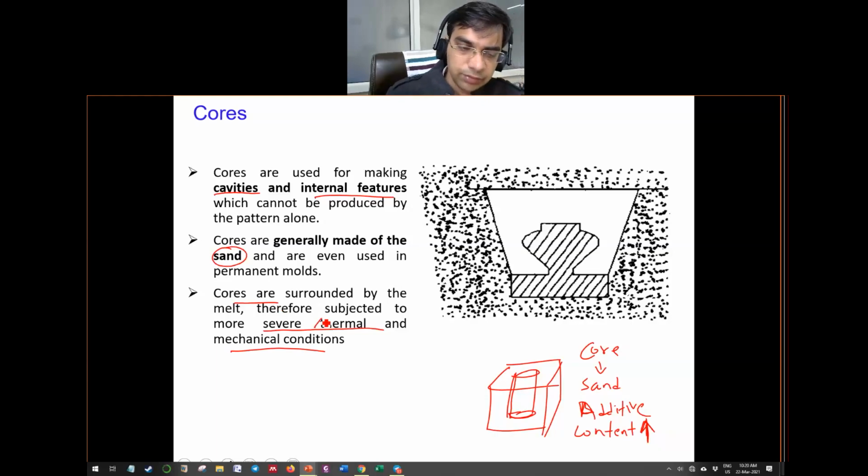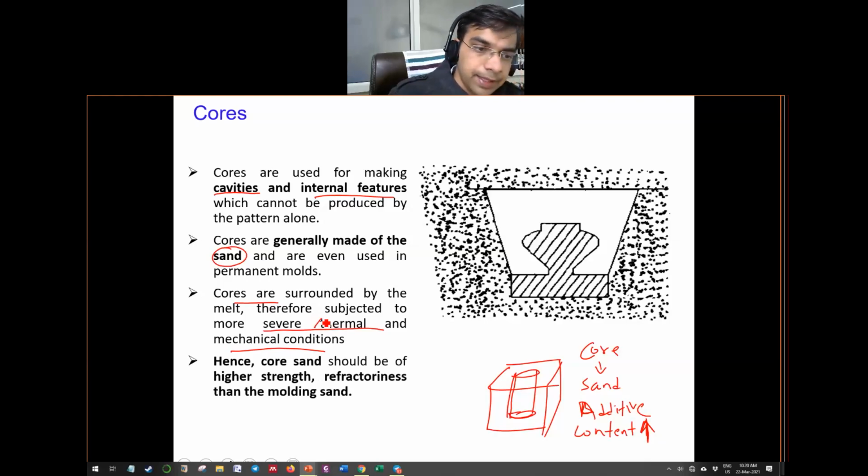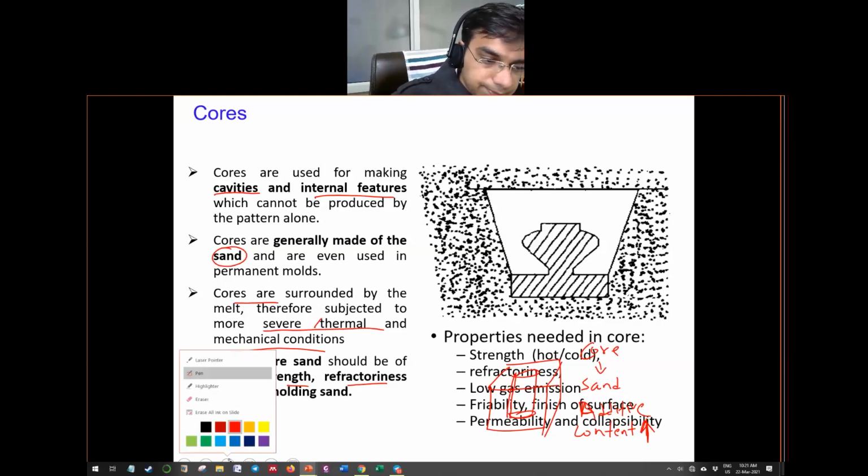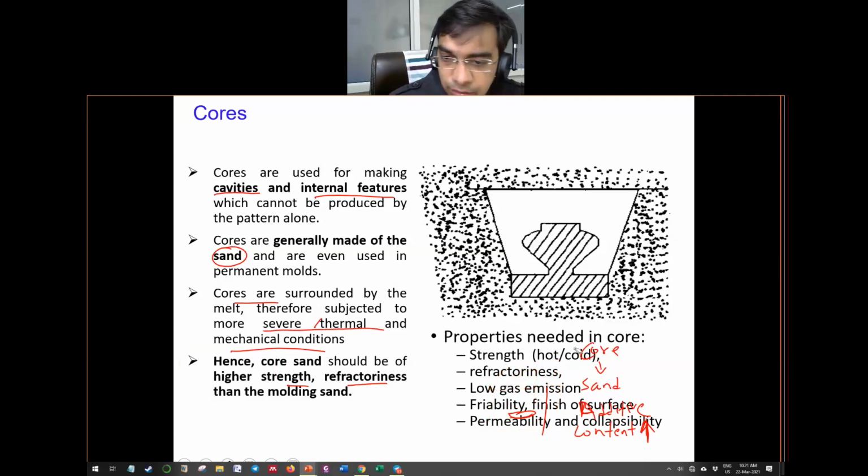So in order to have those properties, the additive and binder content is on the higher side, and this basically provides higher strength and higher refractiveness than the molding sand. So properties which are needed in the core here are basically, you can see here, strength, refractiveness, low gas emission. It should be permeable, and it should also have the property of collapsibility.